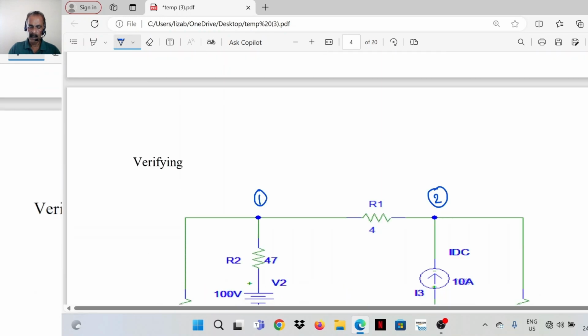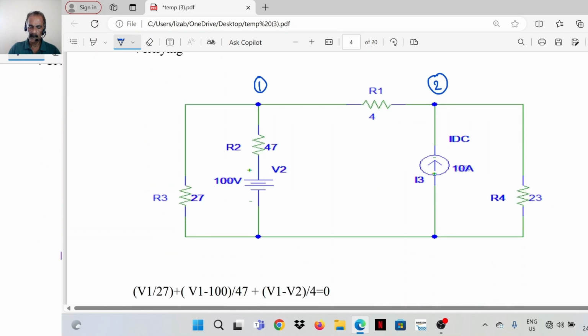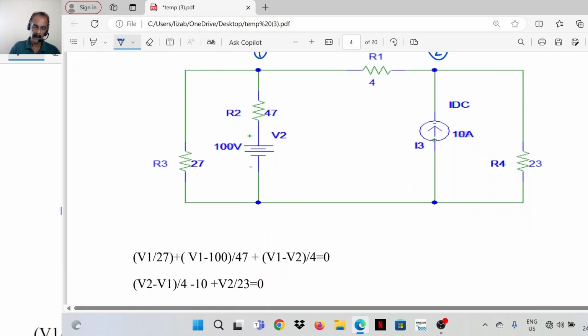Now we will verify it by considering both the sources at the same time. This is node 1, this is node 2. Let's use the node voltage method. Take the sum of outgoing currents equal to 0 at node 1. V1 divided by 27 is this current.